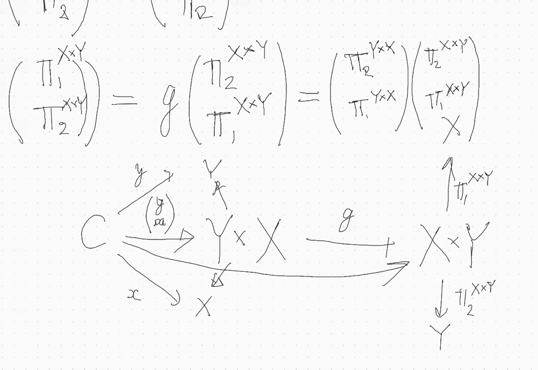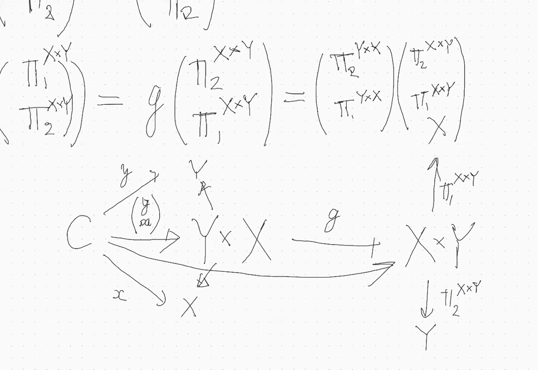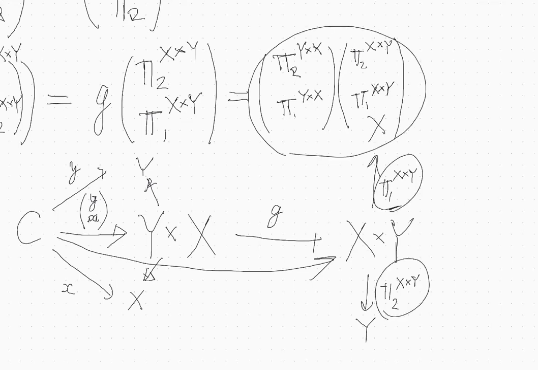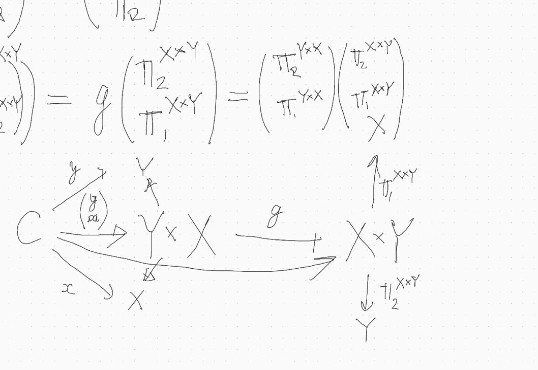I will insert it as a comment. So the best we can do at this stage is basically to do what we have to do, which means to take this whole composite and compose it with pi 1 and then compose it with pi 2 and then write down the column as a result. So basically what we already did in the other calculation.